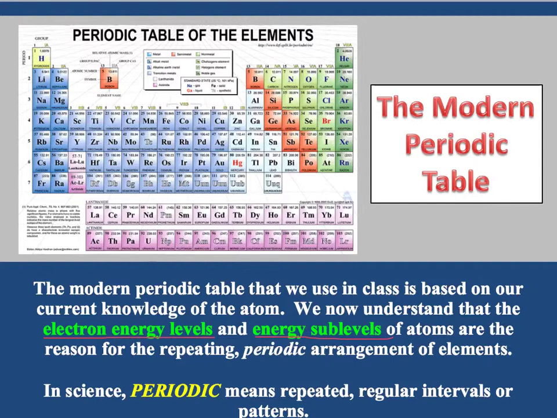In science, the word periodic means repeated, regular intervals, regular patterns, hence the name, the periodic table, because all of these elements behave similarly and that behavior repeats, and it's because of electron energy levels and sublevels.